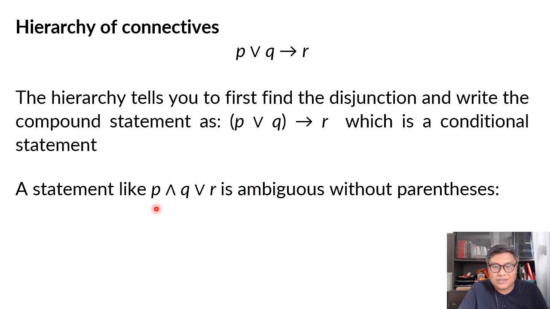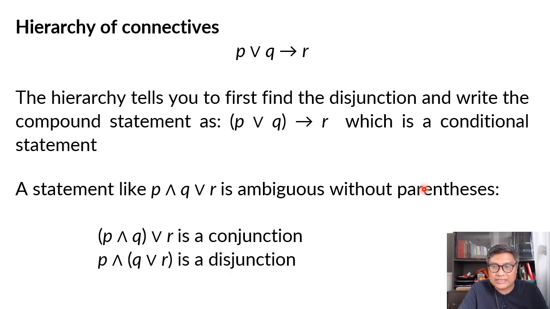Now, a statement like this one, P and Q or R, this is very ambiguous, class, because from the rules, it's either your connective and or your connective or should be done first. But since they are on the same level, it doesn't matter which one should be first because these two connectives are on the same level. So either we can have it as P and Q, simplifying it first, before you use now the or to your R, which is now a conjunction.